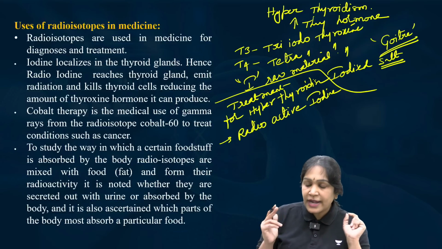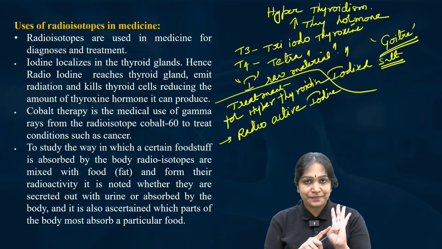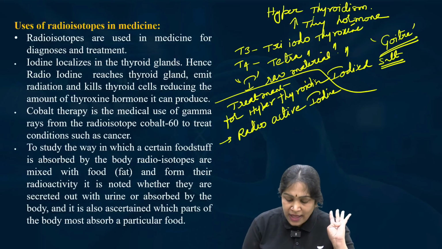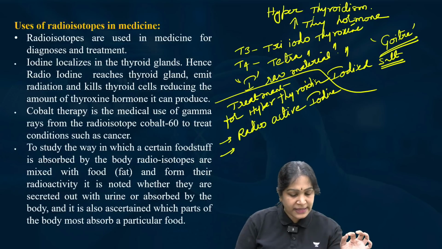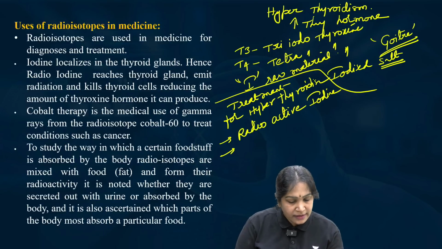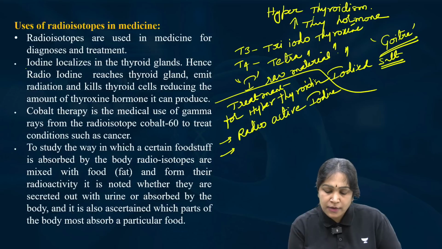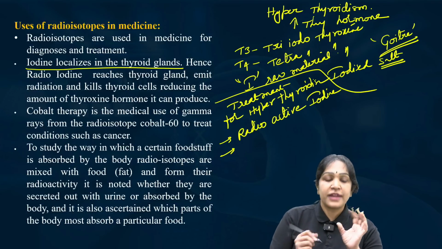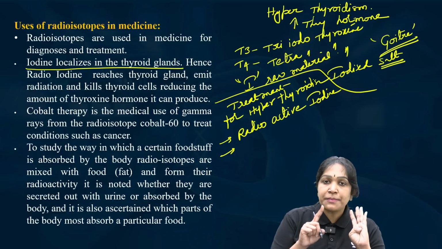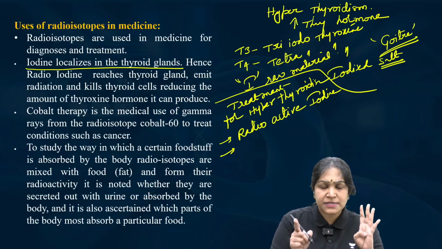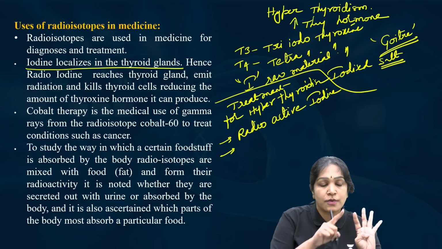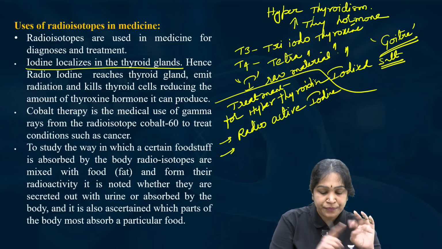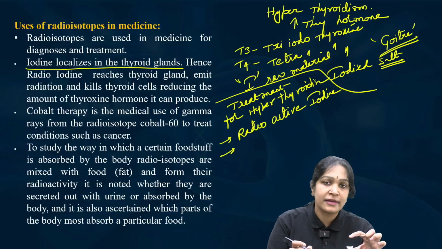Radioactive iodine will emit the radiations. Iodine localizes to the thyroid gland. If you give radioiodine, it may enter into different body parts, but majority of the iodine goes into thyroid. What is the working principle here?